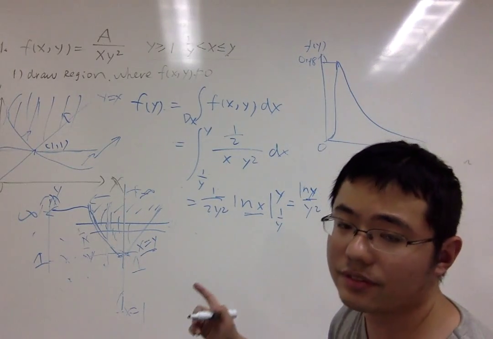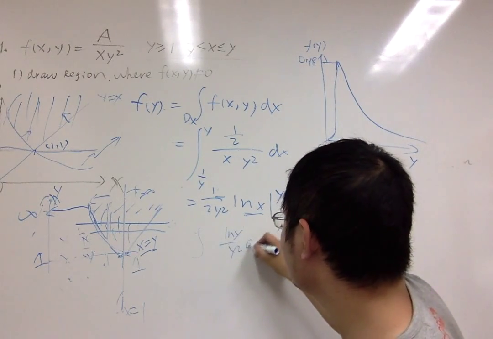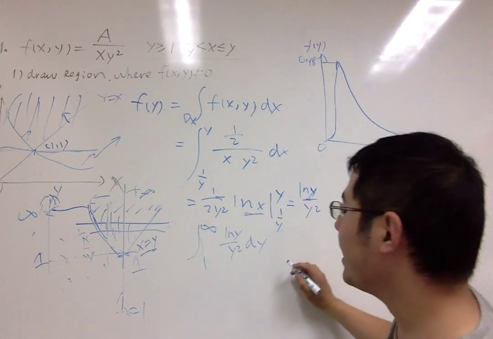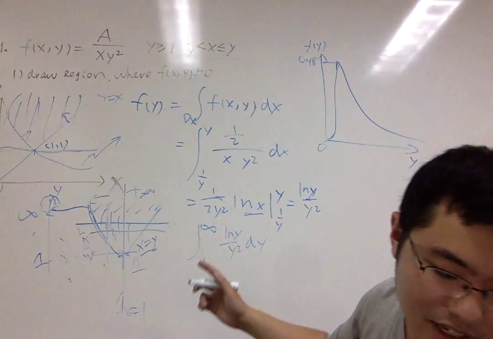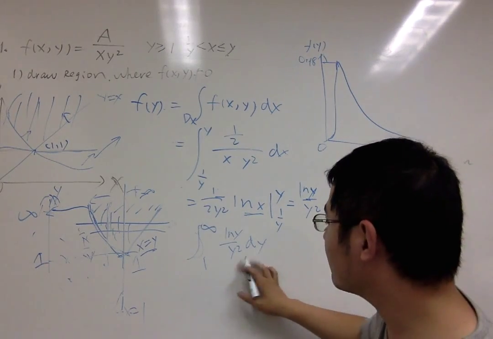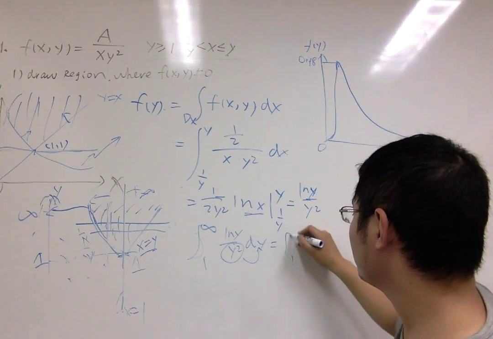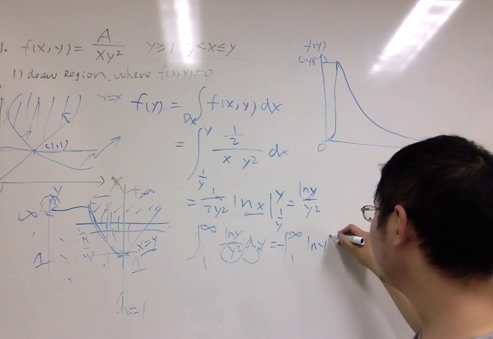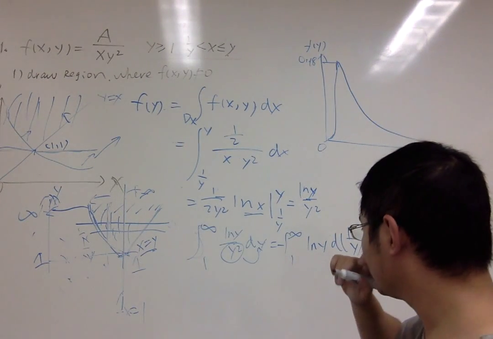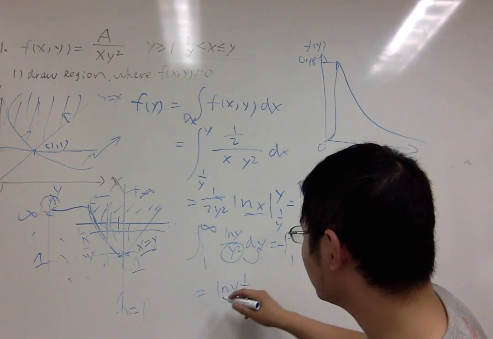As for verification of its validity, we just do the integration of ln y over y squared dy, with y from, obviously in this part, 1 to infinity. In a similar way, we can go like this, with a minus ln y minus 1.